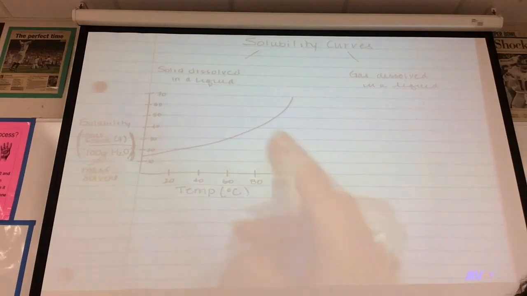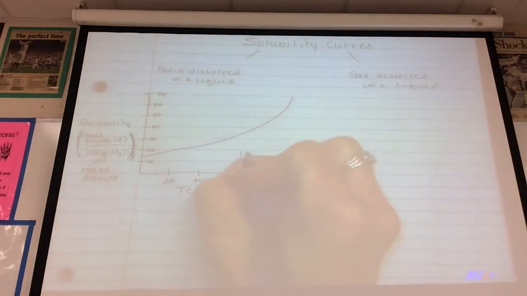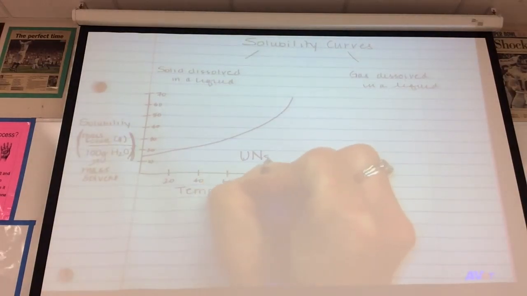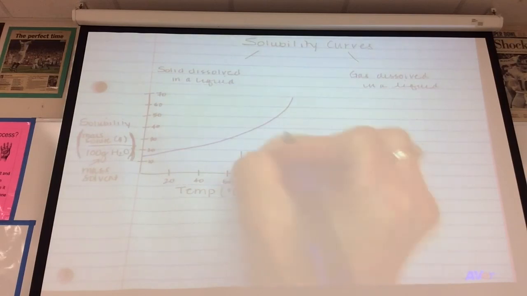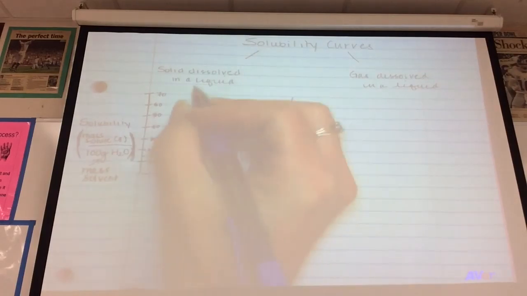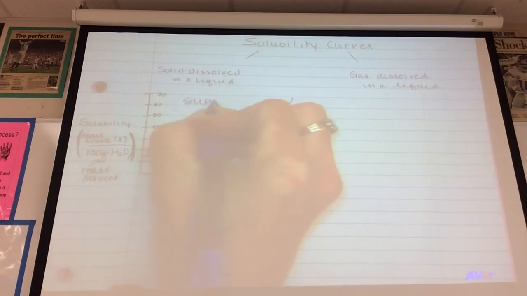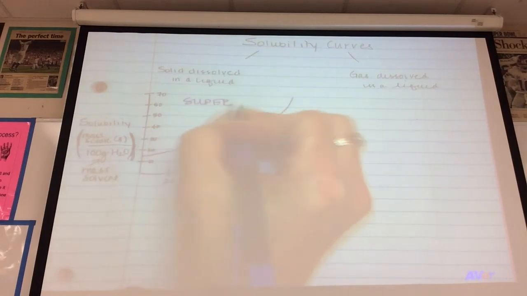Below the line, you have your unsaturated region. On the line, you have your saturated region. And above the line, you have your supersaturated region.